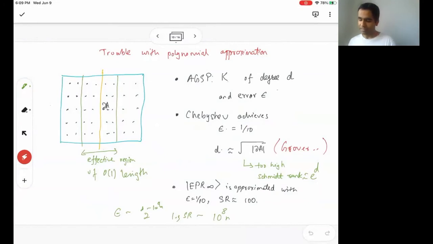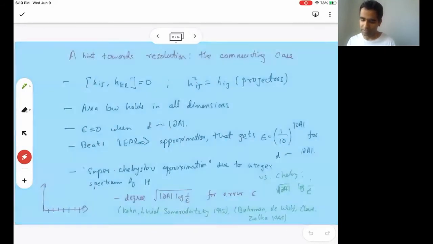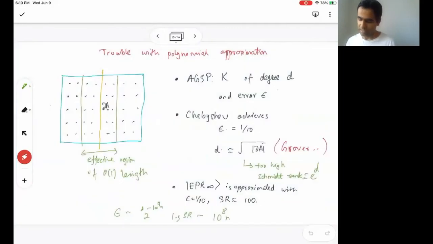And if you were to compare this, it's a simple exercise, I guess. If I were to look at this approximation and raise it to a high power and compare to this expression, then I see that Schmidt rank roughly scales as log 1 over epsilon in the case of EPR testing.